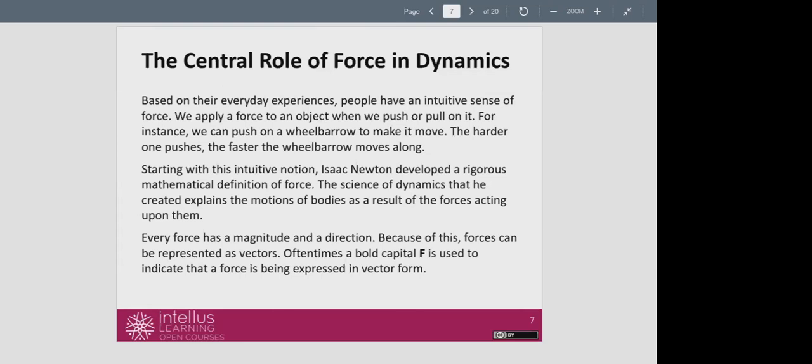And so sometimes you see the bold capital letter used to indicate that a force is a vector. That's a useful way of distinguishing it from scalars, right? Because we know that scalars do not involve a direction, and we need a way to be specific. And so we can use arrows to represent our forces because we can use arrows to represent vectors, and we use bold when we're looking at it in print to distinguish that it's a vector property.